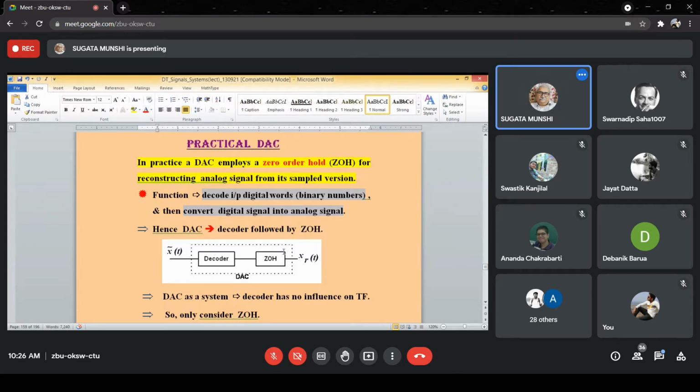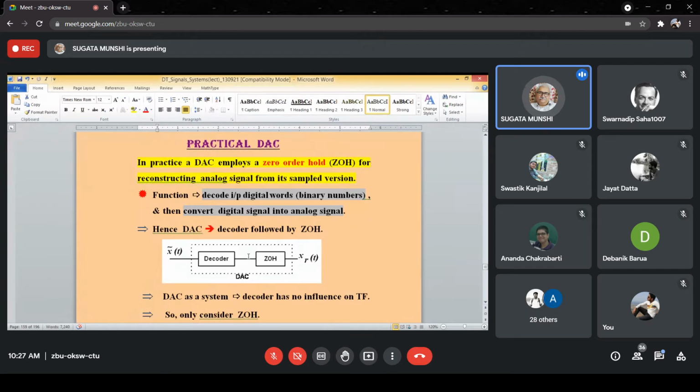Second is to convert that decimal number, those collection of samples, into an analog signal or a continuous time signal. That is done by this zero order hold. Don't think that inside the DAC there are completely two different subsystems, one for decoding, another for zero order holding.